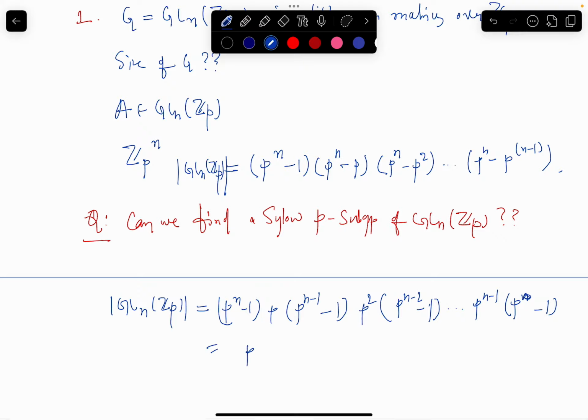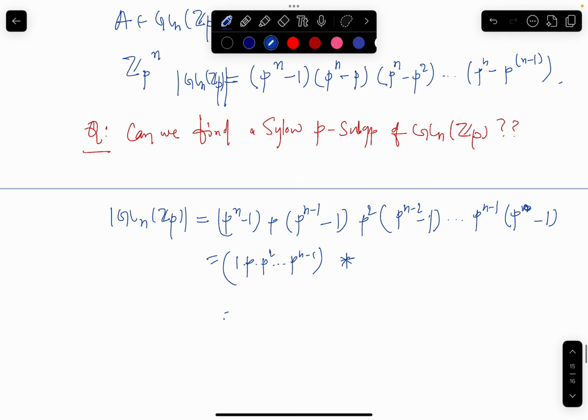So you have p times p squared times p^(n-1), times a multiple that is not divisible by p. So that's p to the power n choose 2 actually, because you have to sum them up, times a multiple.